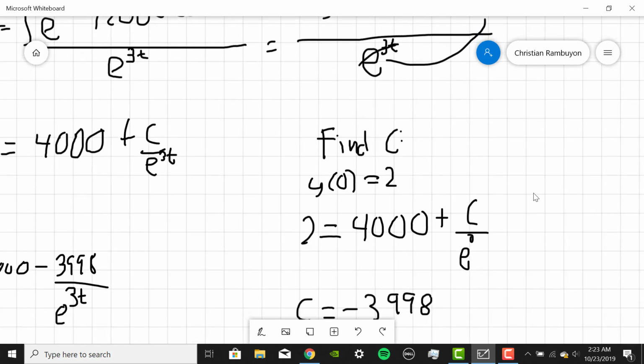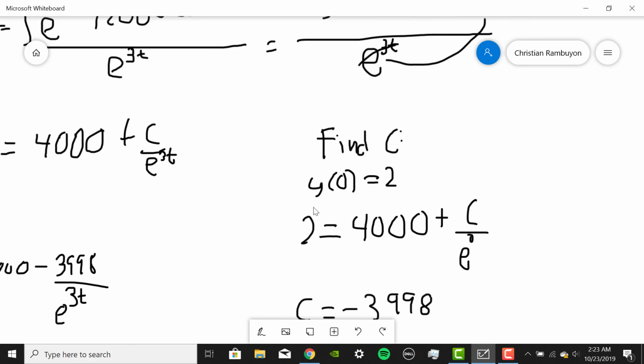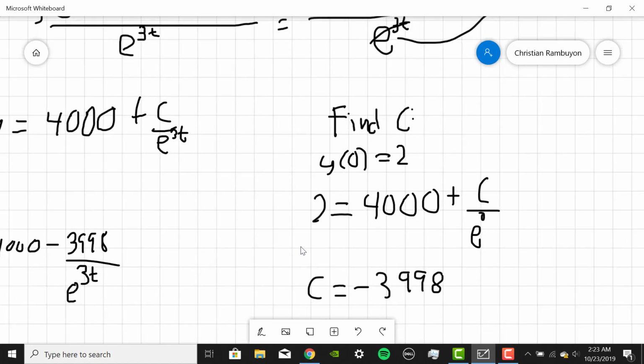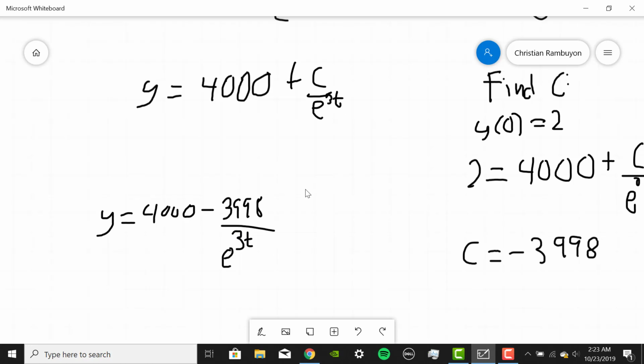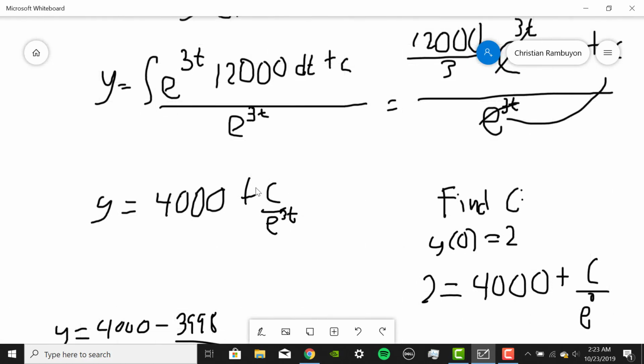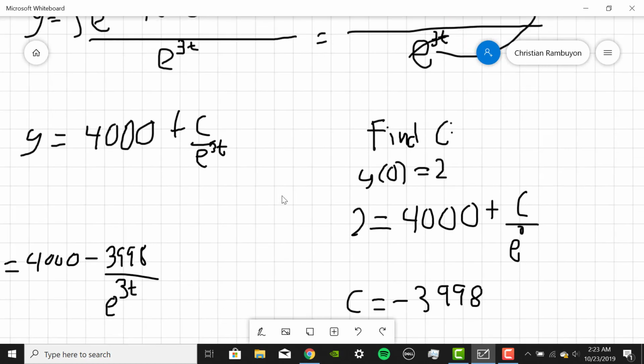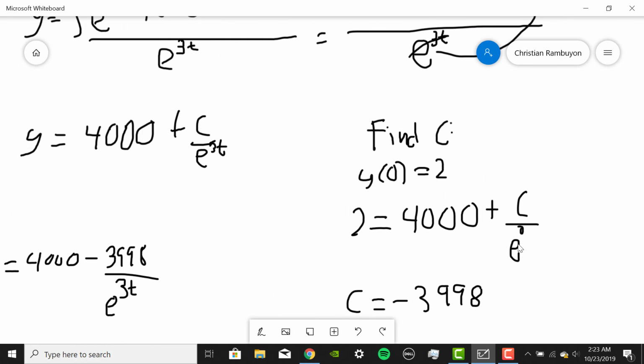Now, as we find it, we know that y is equal to 2, and our t is equal to 0, so in the equation we created, e raised to 0 is 1, and it becomes 4000 plus c equals 2.